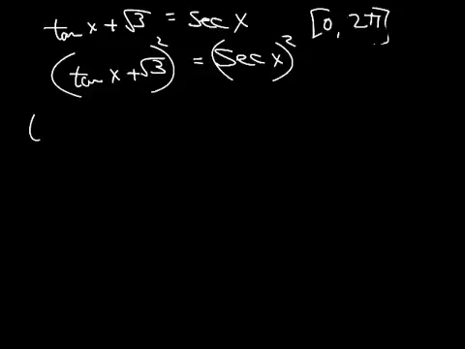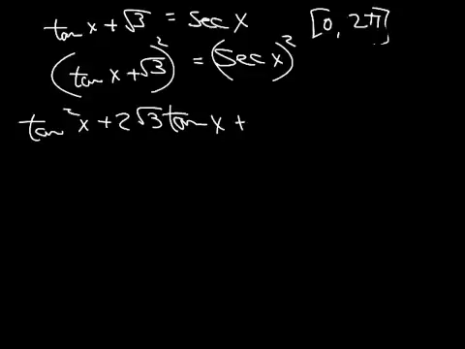And when they square both sides, they get tangent squared x. I'm just using FOIL. Okay, so I didn't do anything weird there, I just did the FOIL.